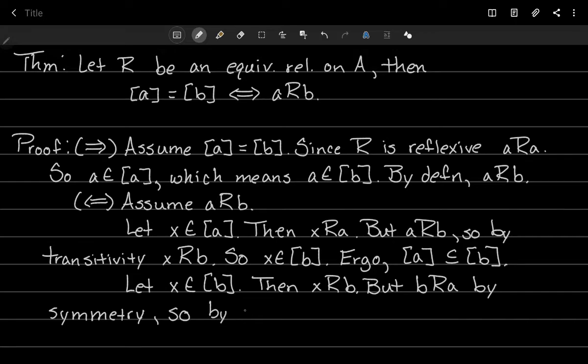So, by transitivity, X is related to A. So we had to use both symmetry to get the A and B in the correct order, so they would match up with the X related to B, to use transitivity to get X related to A. All right, but that's what it means to be in the equivalence class of A. Thus, X is in the equivalence class of A.